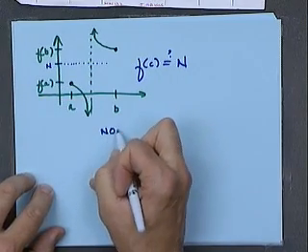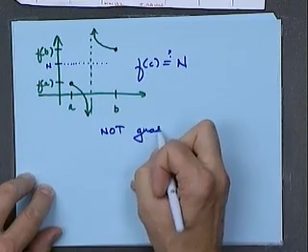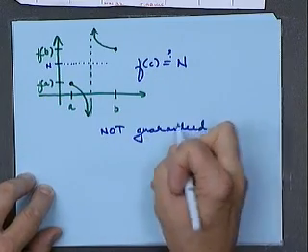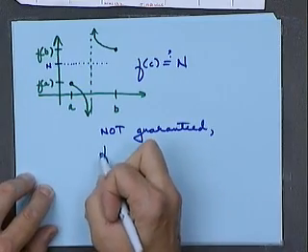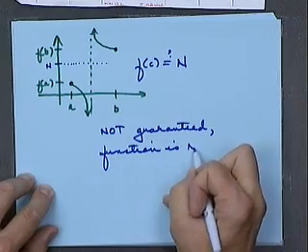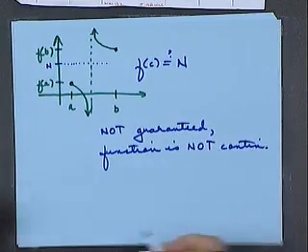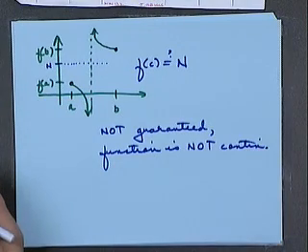So it is not guaranteed. Why? Function is not continuous. So that's the first thing to check. Is it continuous? If it's continuous, then we can go ahead and find this value.